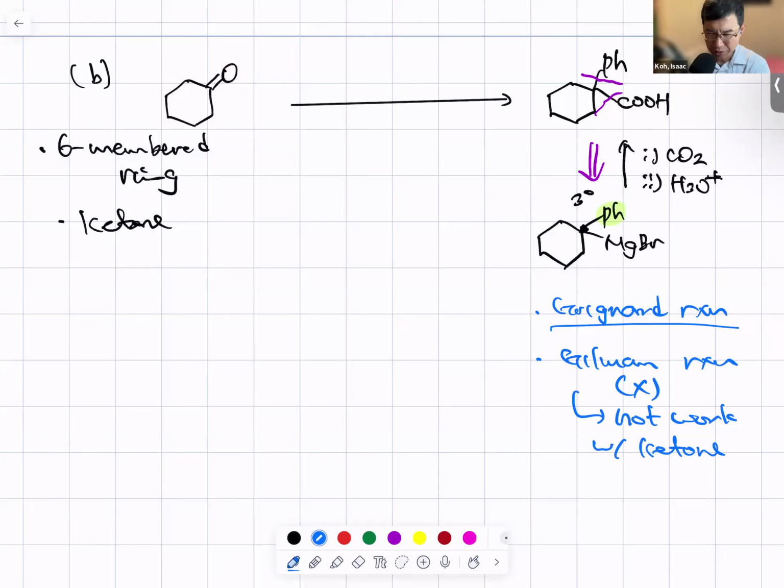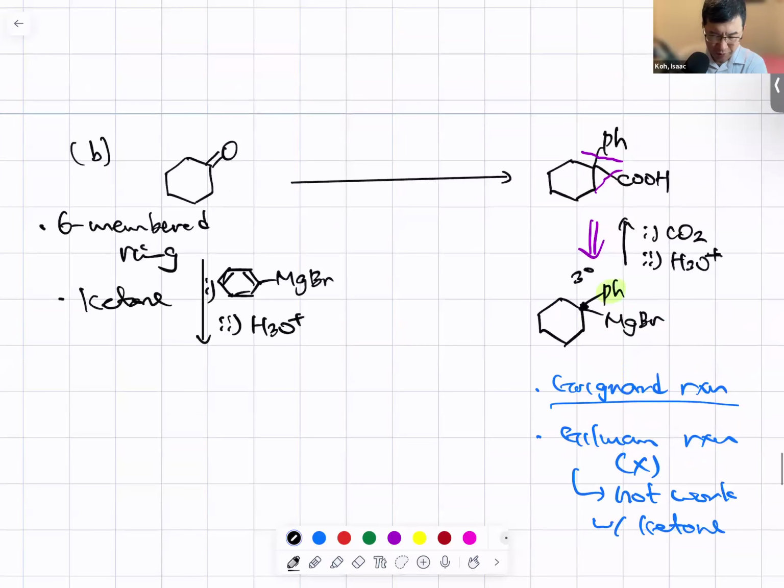Now let's try Grignard reaction. Okay, let's first then use Grignard reagent. Then phenyl magnesium bromide, followed by acidic workup.